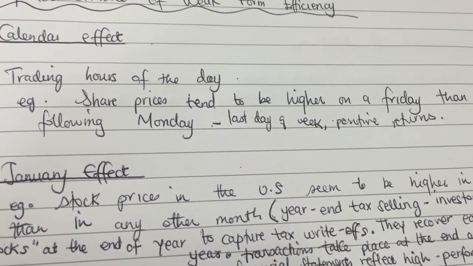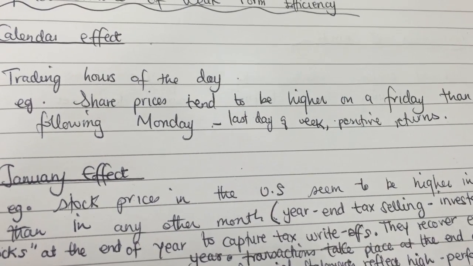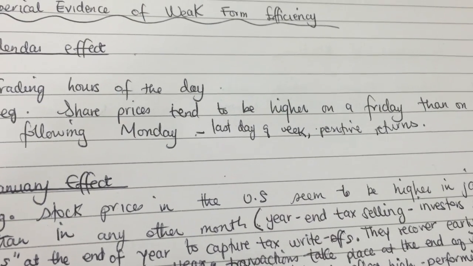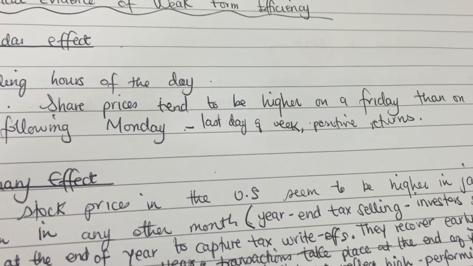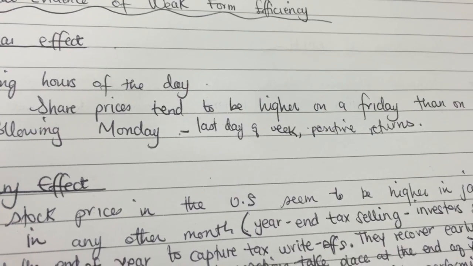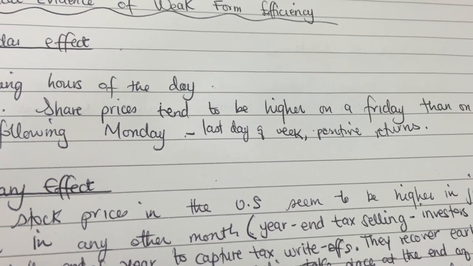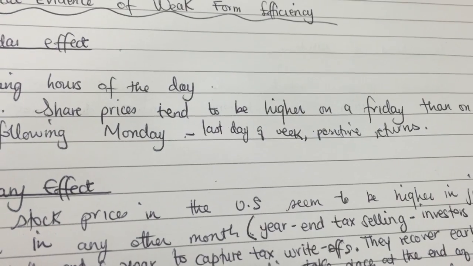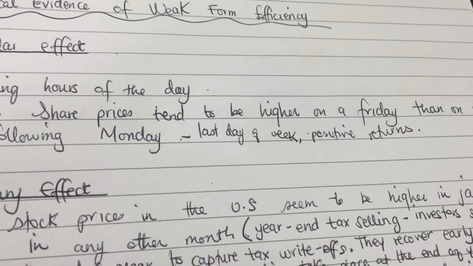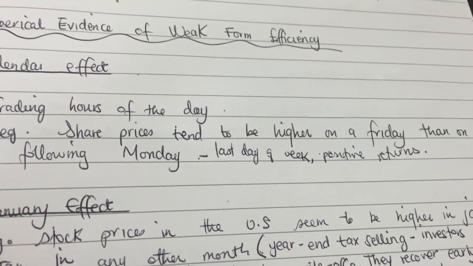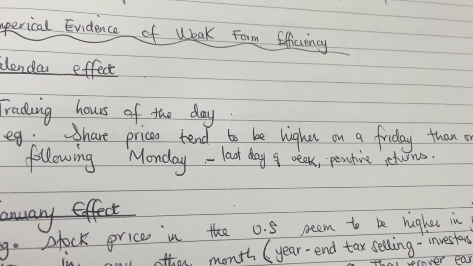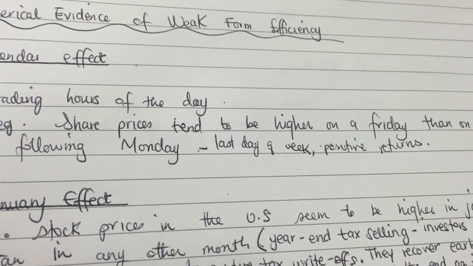So, if she asks you why share price is higher on a Friday than on the following Monday, the reason you can give is Friday is the last day of the week. So most predictions in the markets would already have happened. So therefore, all the share prices will go up because it's the last day of the week. And so companies will start to see positive returns in their investments.